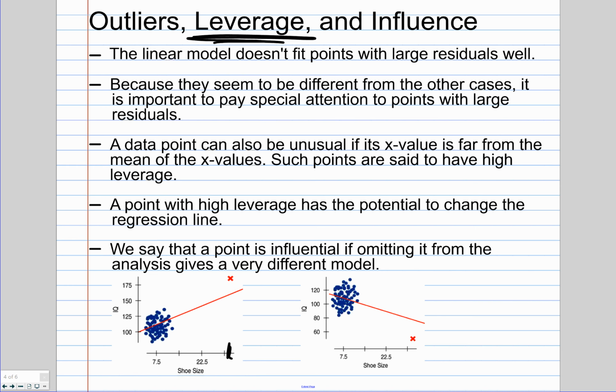So for this one, you would say it has leverage and it's influential. But there might be times, guys, where you look at an X value that's really far away, so it has leverage, but it doesn't really change the model much. So the hard part about it is sometimes these influential points, because they pull the line towards it, have small residuals. Okay, so you might not see them in the residuals plot affecting much. So that's what they can kind of hide in the residuals, is what I'm saying. Okay. All right.